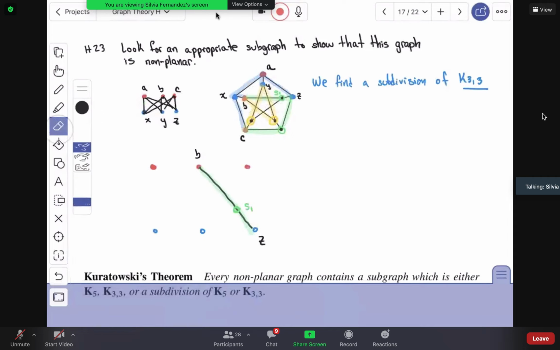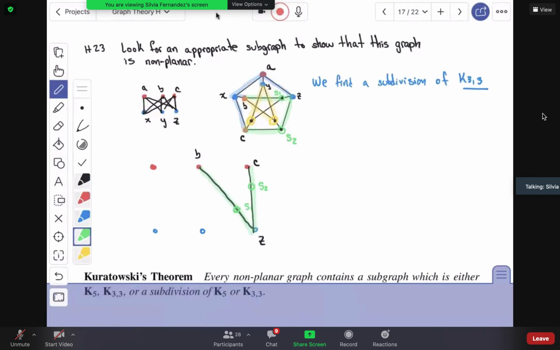And the other one that was subdivided is from Z to C. So from Z to C, I also have this green highlighted edge with another vertex someplace that's going to be S2.